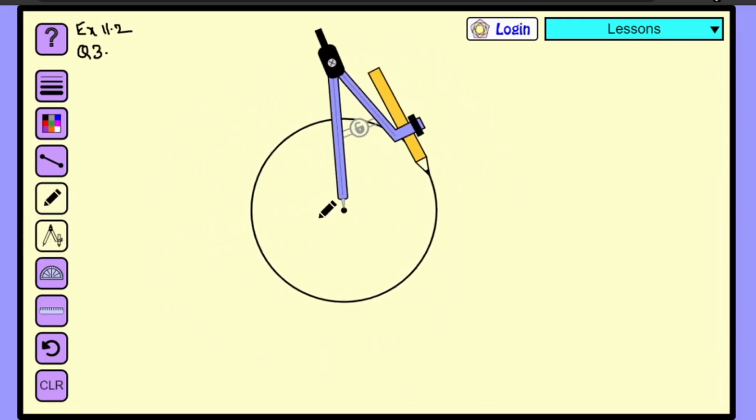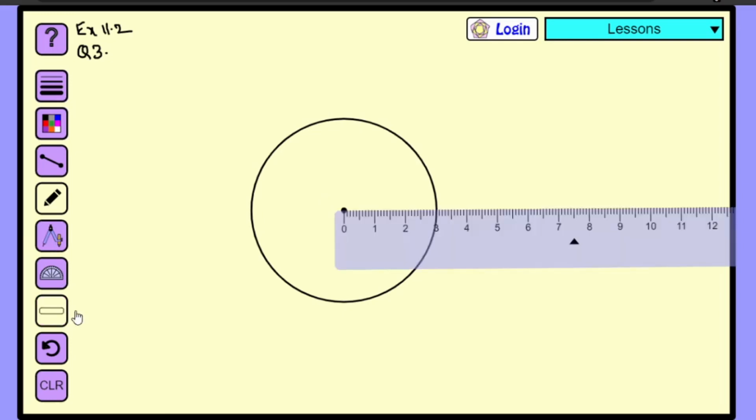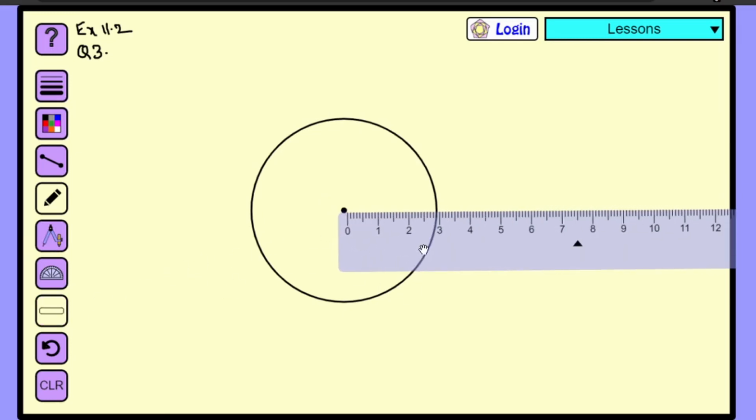Then from the center, 7 centimeters this way and that way also I have to extend, meaning I have to draw a line segment. For that purpose, I have to take a scale and place it at a distance of 7 centimeters on this side and that side.